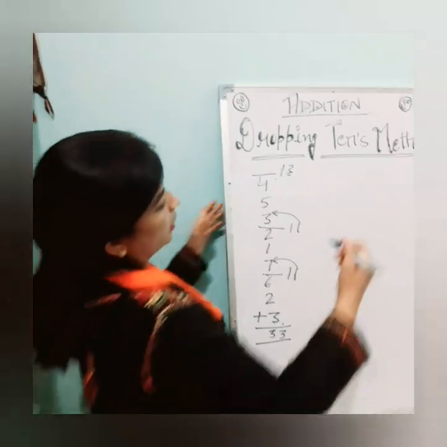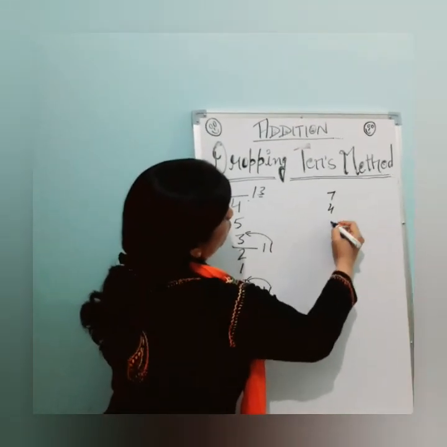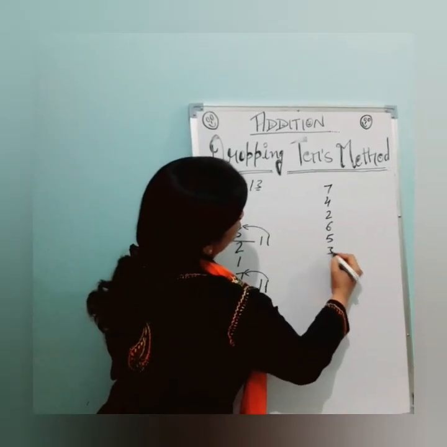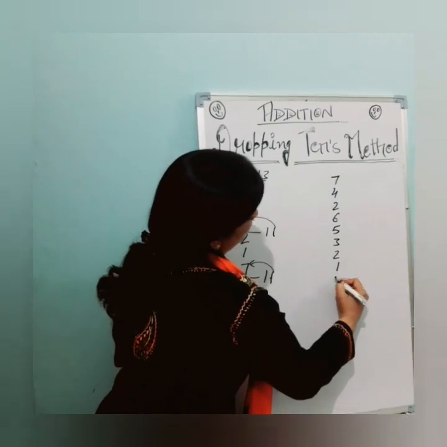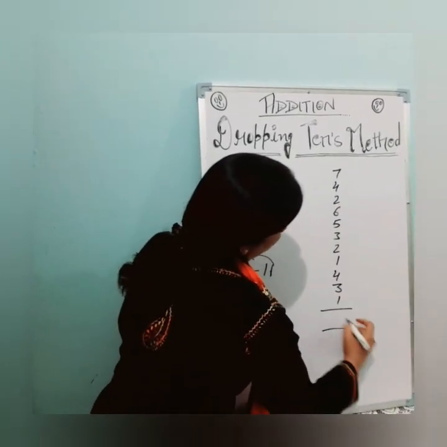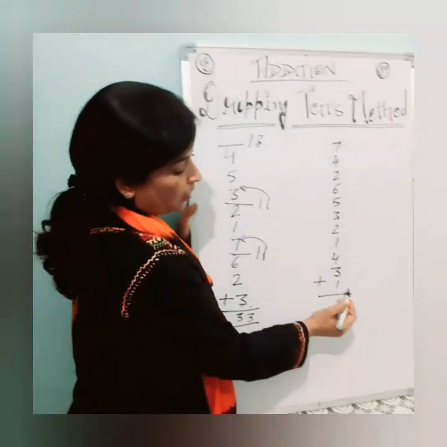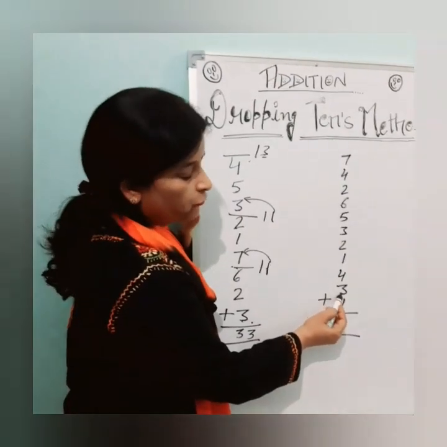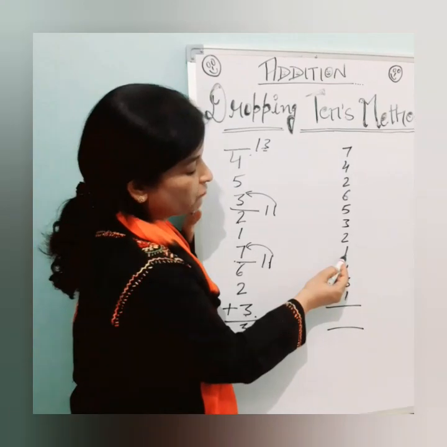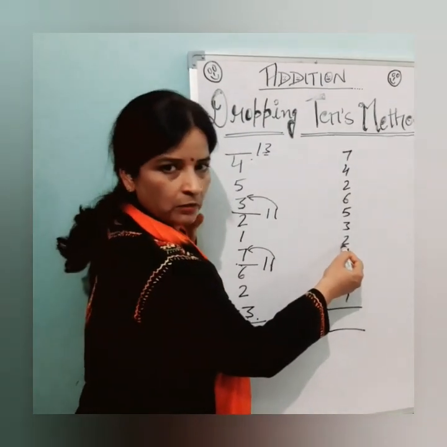Now take another example: 7, 4, 2, 6, 5, 3, 2, 1, 4, 3, 1. Now let's start from the bottom. 1 plus 3, 4. 4 plus 4, 8. 8 plus 1, 9. 9 plus 2, 11.